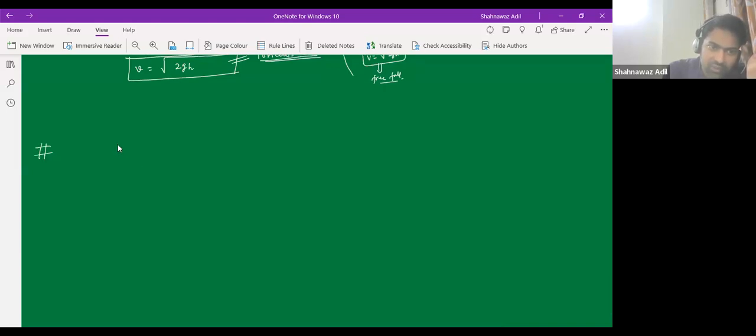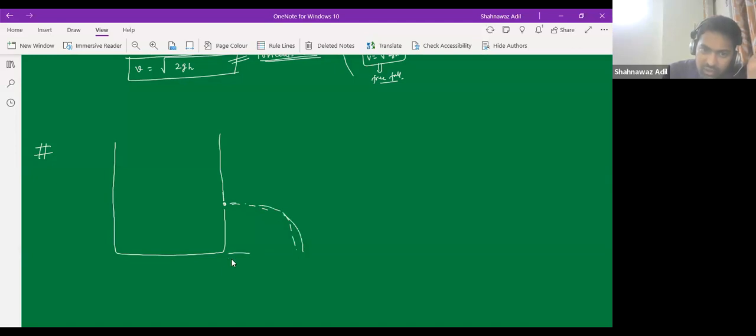So we have a tank, and the water is flowing out. We can calculate this distance that they will travel.